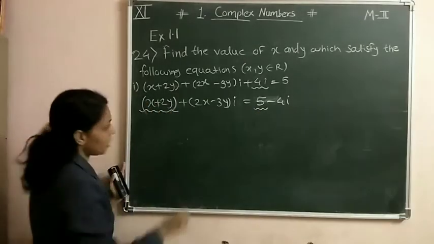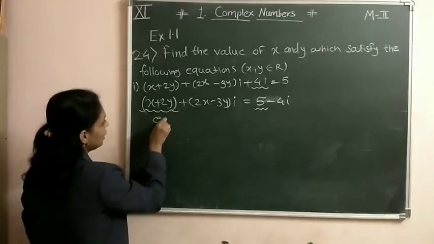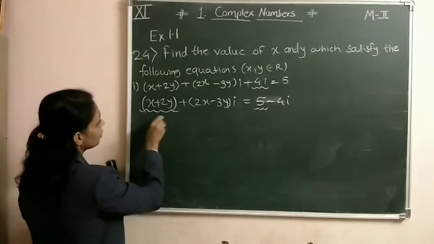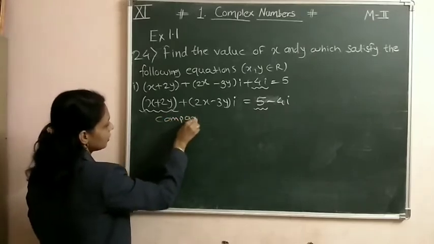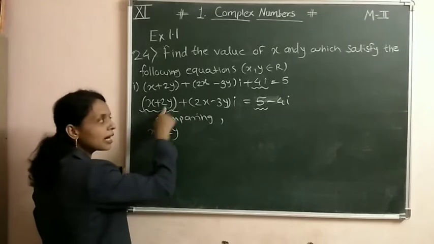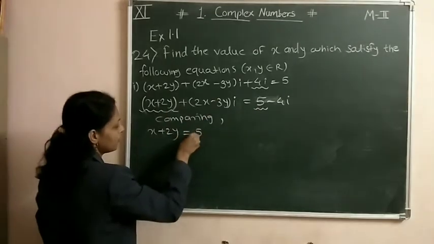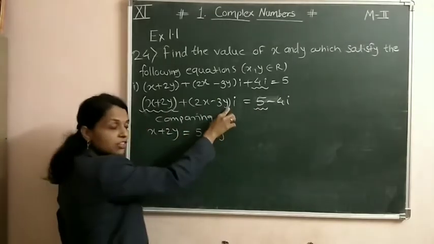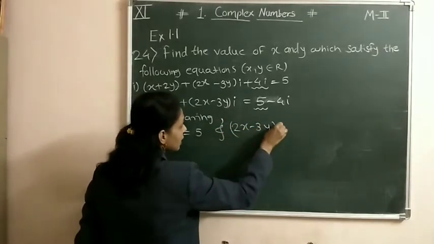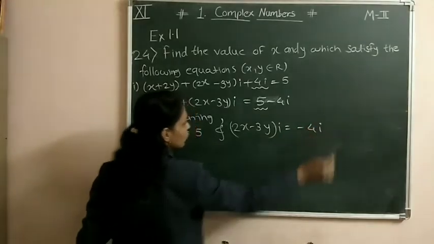Compare with this real part, equality or comparing. x plus 2y, the value of this real part is 5, and this imaginary part (2x minus 3y) i is equal to negative 4i.